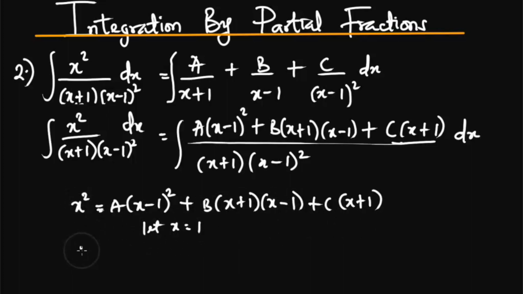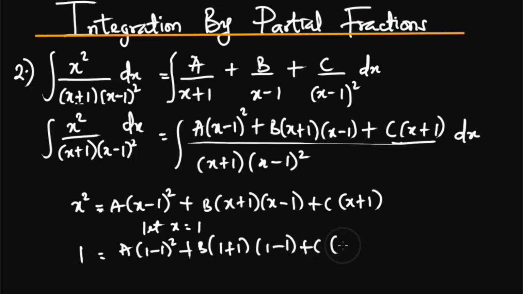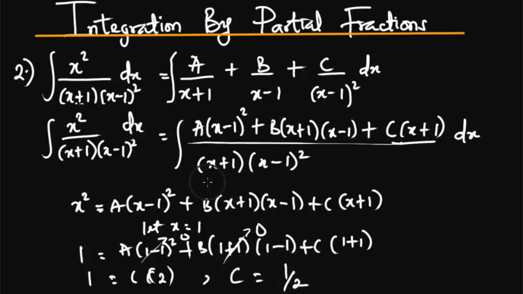So we have 1 squared, 1 equals A into (1 minus 1) squared plus B into (1 plus 1) multiplied by (1 minus 1) plus C into (1 plus 1). And this becomes 1 equals 0 plus 0 plus C into 2, since 1 plus 1 is 2. And so C equals 1 over 2.